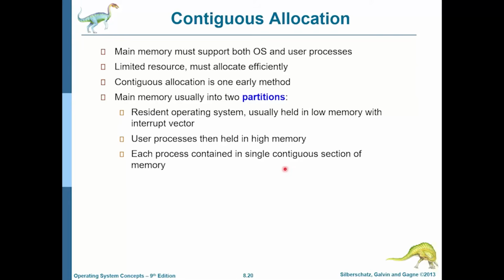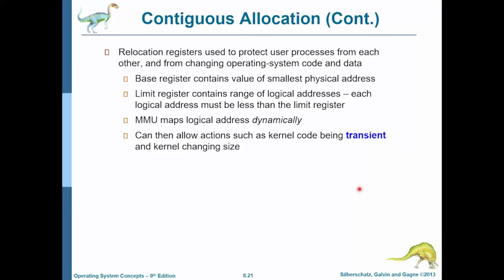If the process begins at one place, then it will just continue contiguously till it ends, and then maybe another process can begin from where the first process's memory addresses stop. The operating system is given the lower set of addresses, and the upper set of addresses go to processes. The memory for the operating system and the processes is allocated contiguously, and we have also studied this before.